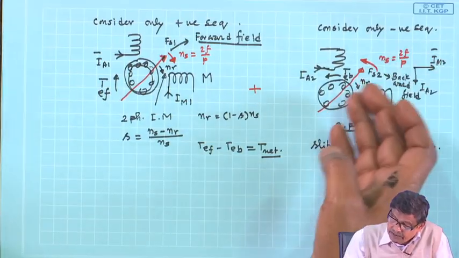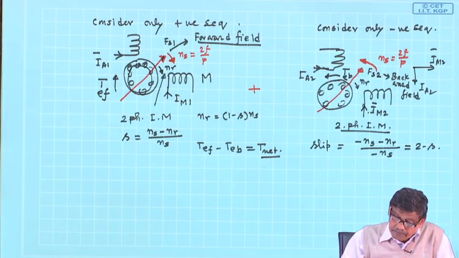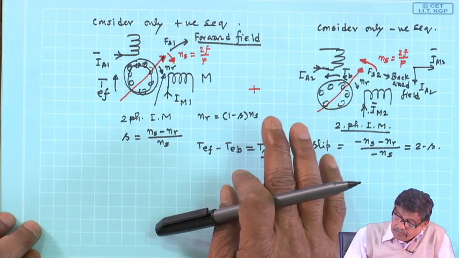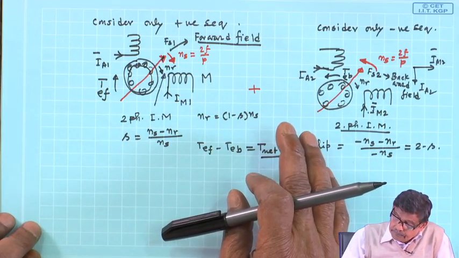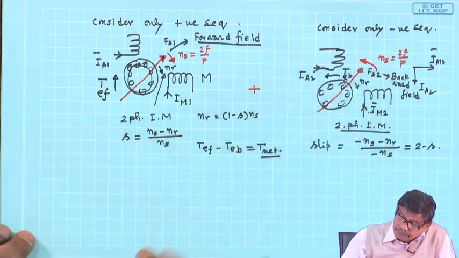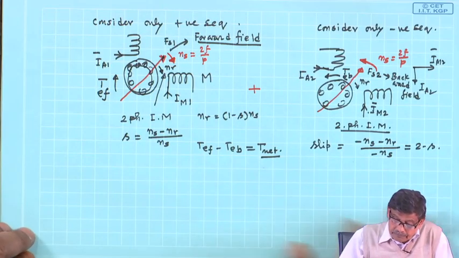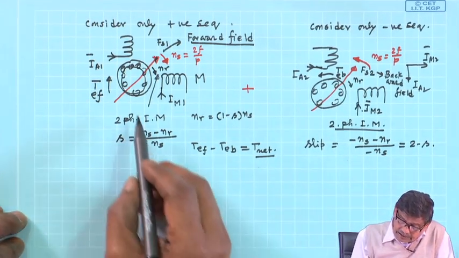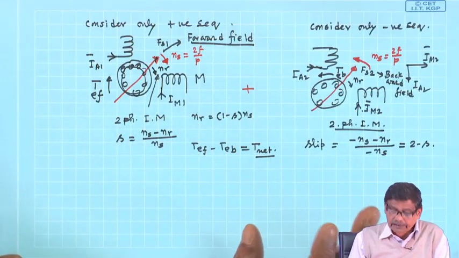So, it will move in the opposite direction. Okay. And it is called a backward field. Now, then the net torque will be difference of these two, is that clear?